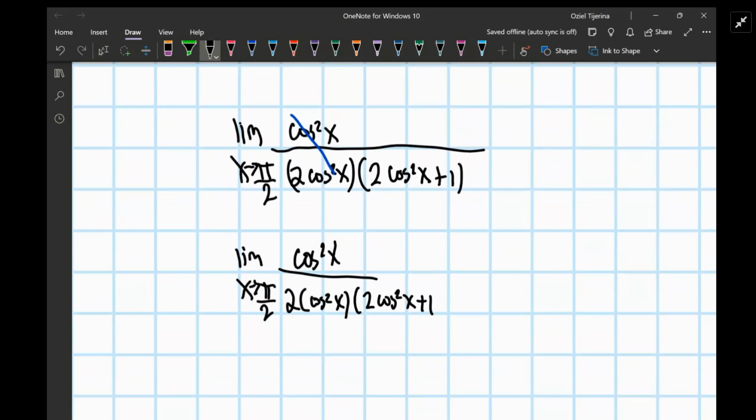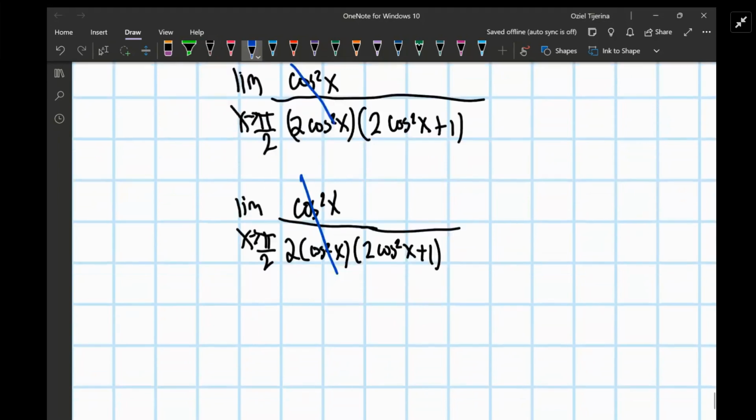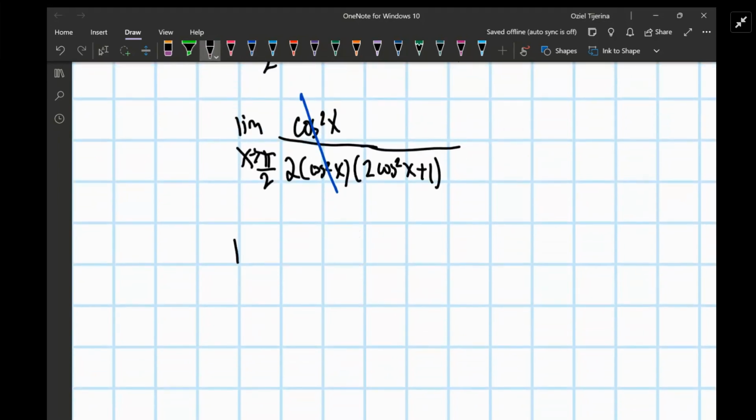This part cancels out, and this is going to be the limit as x approaches pi over 2 of 1 over 2 times 2 cosine squared x plus 1.